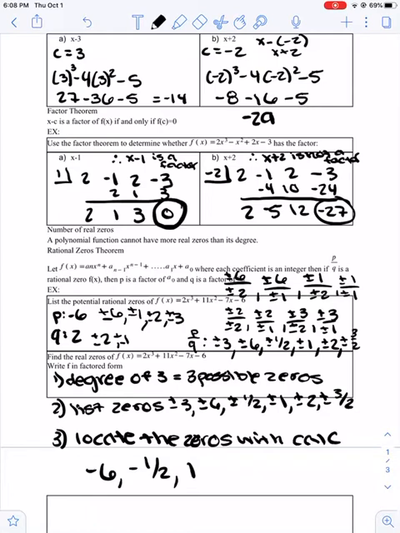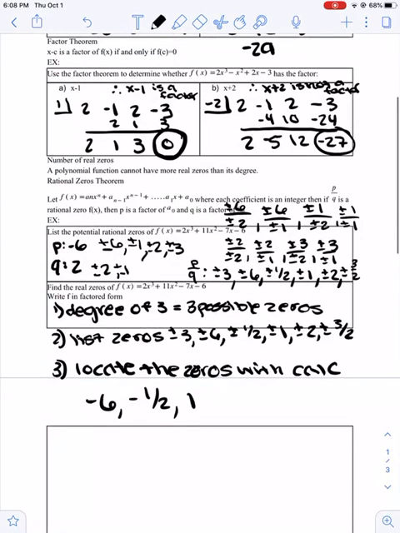So we're going to check if those ones that we think appeared to be a 0, if it was actually true. So we can go back and use that factor theorem of trying to get that remainder of 0. So we would have our C value of negative 6. Then write all of our coefficients of the polynomial.